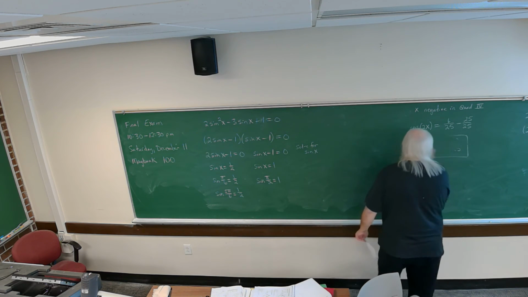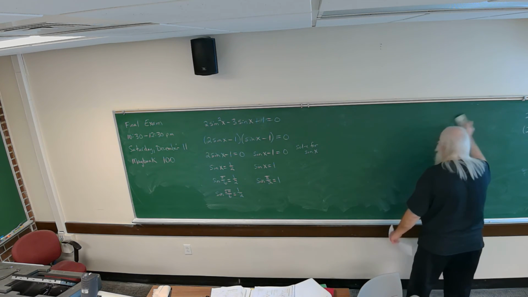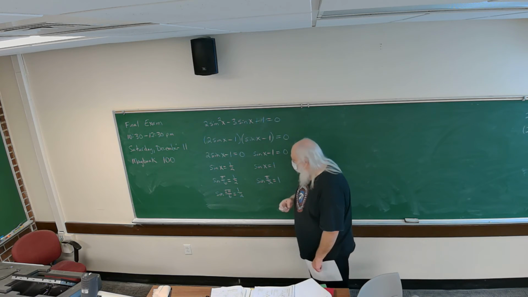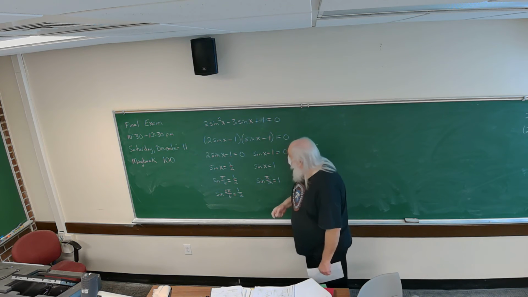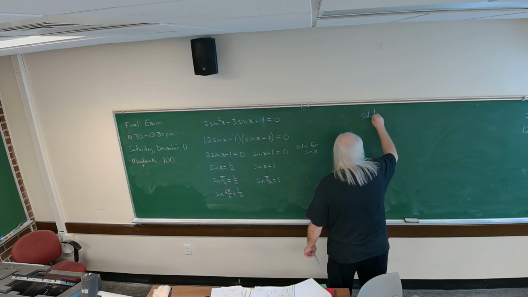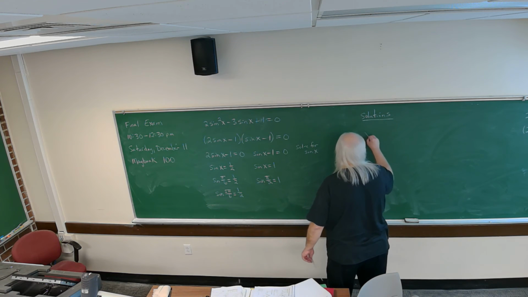So the solution to our trigonometric equation for angles on the unit circle between 0 and 2 pi radians is x equals pi over 6. I'm going to do these angles from smallest to largest.